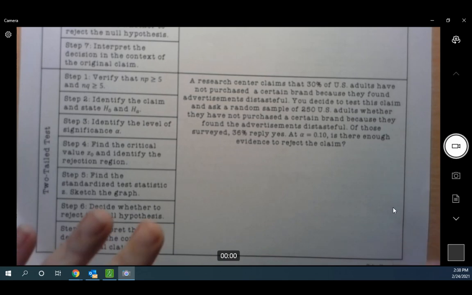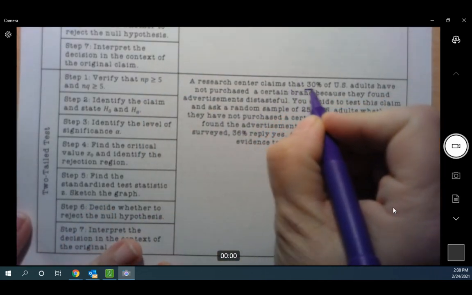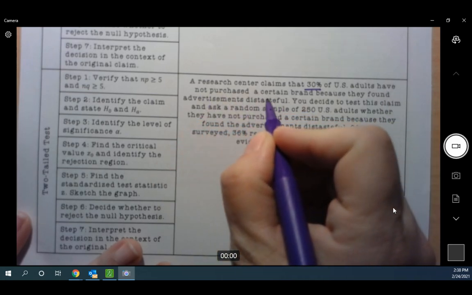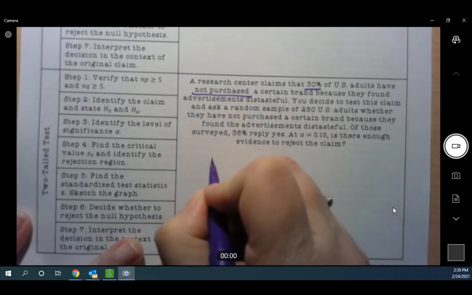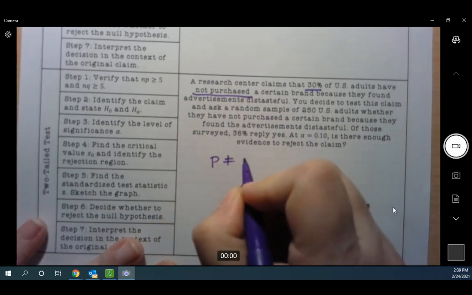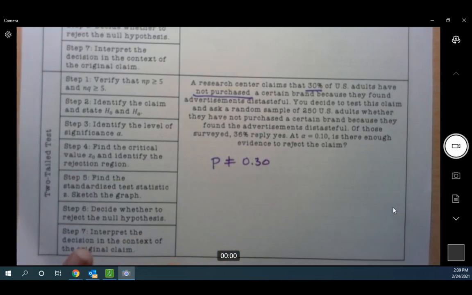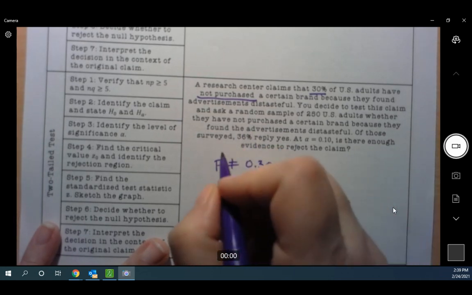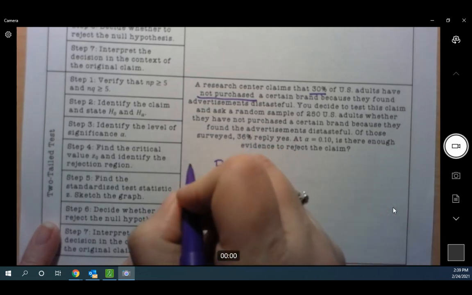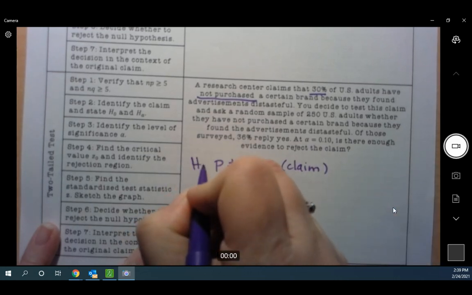Okay, so this question says that the researcher claims that 30% of the people have not purchased whatever. So that is talking about p is not equal to 0.30. And not equal to, and that's our claim, gives us our HA.